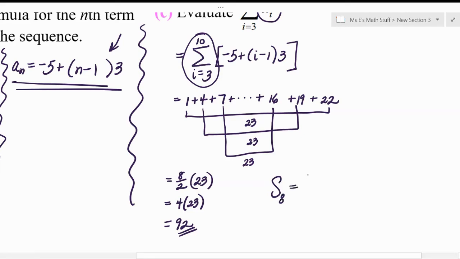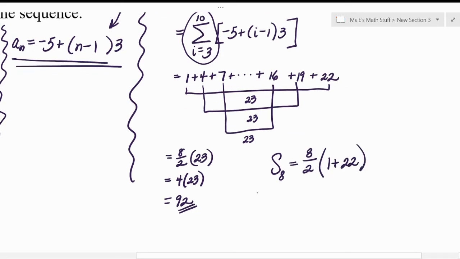It would have been the number of terms, which would have been 8, divided by 2, times your first term, which I expanded out to figure that out, plus your 8th term, and then you would have been in the same place we were, just kind of thinking it out a little bit. So there you go.